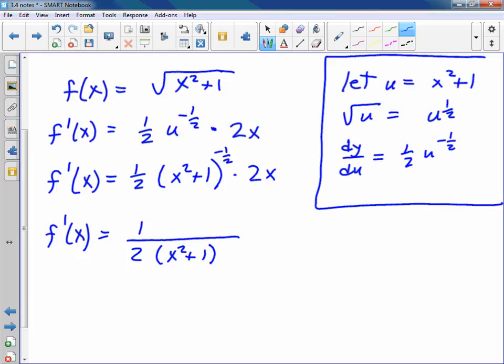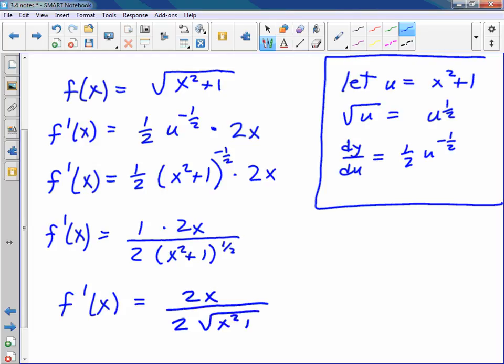No, be careful. This negative 1/2 goes in the denominator, so positive 1/2. Good. Times 2x. And then you could just say 2x over that. And that's getting really good. Or if you're a total geek, you could say 2x over 2 times the square root of x squared plus 1. And some people would say, well, that's the form you got it in, so you should return it.